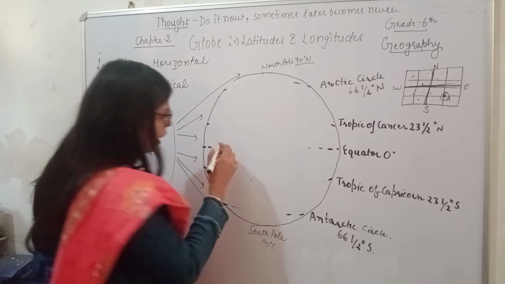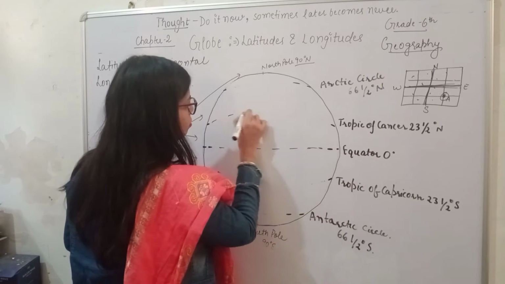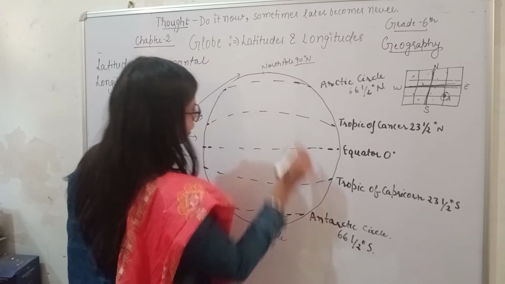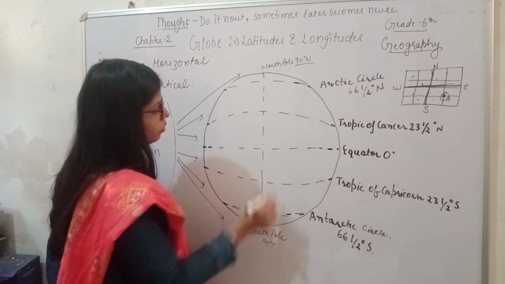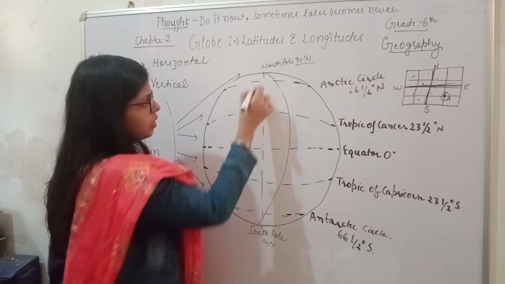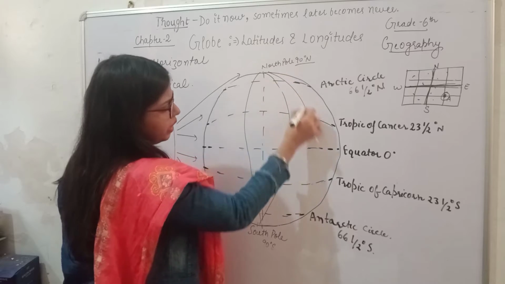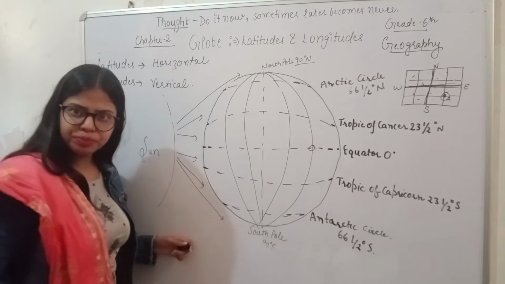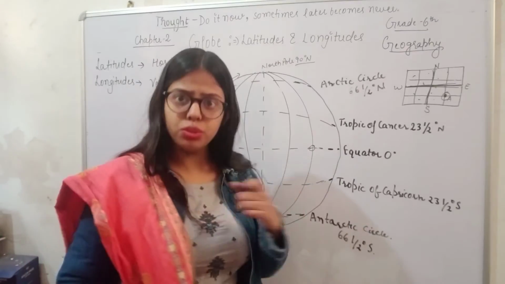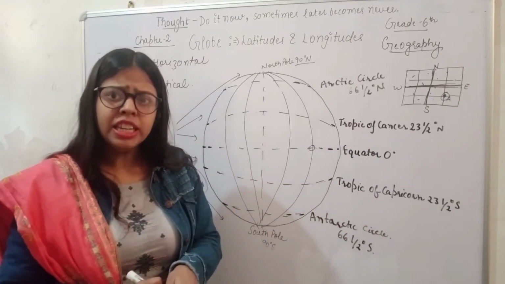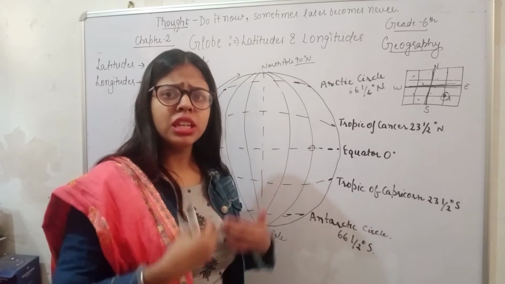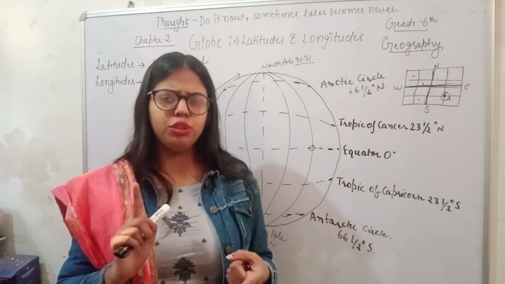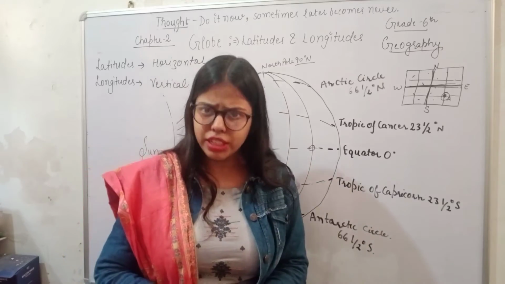But if I draw the lines like this or like this, then it will be easy for me to locate any place. So that's why we use latitudes and longitudes, because these reference lines make it easy to locate any place. That is the importance of latitudes and longitudes.